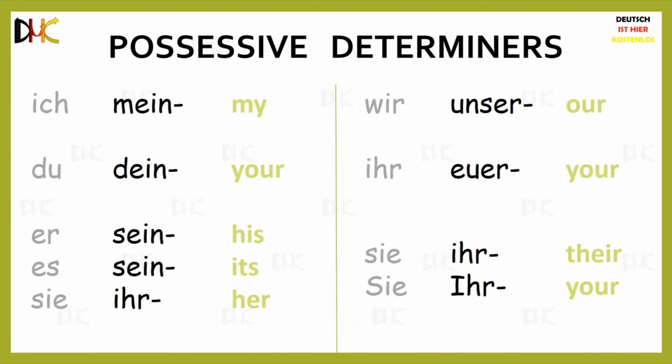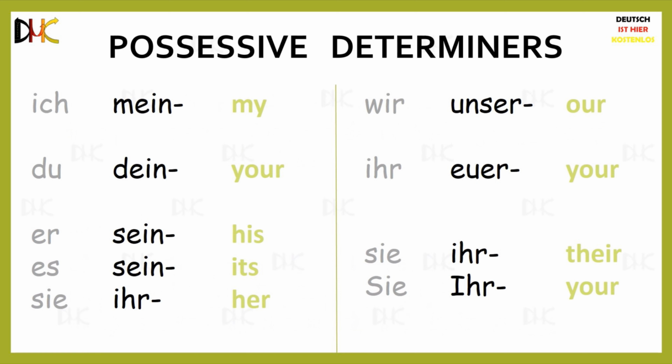First, let's see what the possessive determiners are in German. So we have mein, dein, sein, ihr, unser, euer, ihr, and capital Ihr.